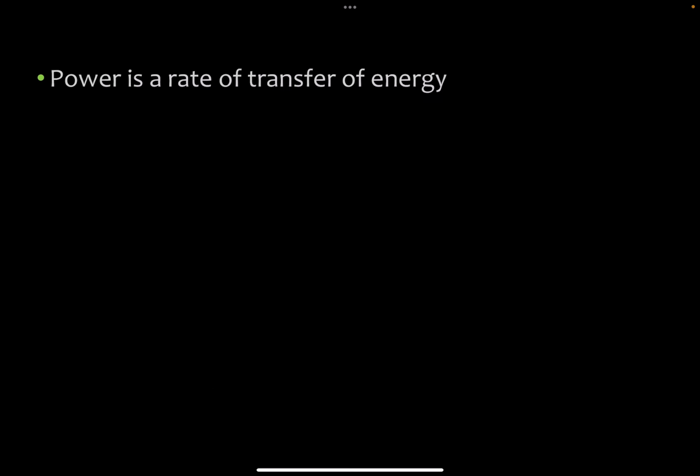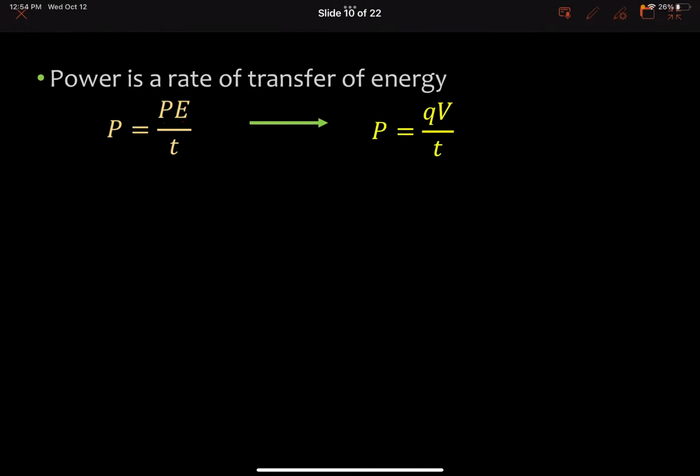So we know power is a rate of energy. So we have our energy over time. And we studied this potential energy. And that potential energy, if you remember back to our potential unit, is actually Q, which is the charge times voltage. And now we're going to do some fancy work here. There's a few things you need to remember: that our voltage is always equal to current times resistance, and that our current is charge over time.